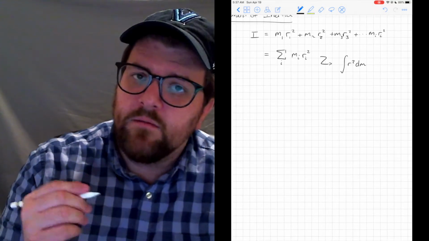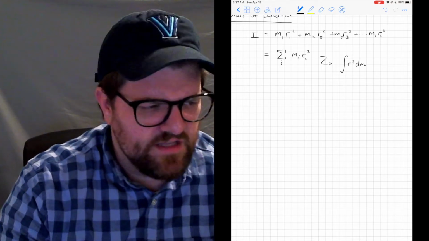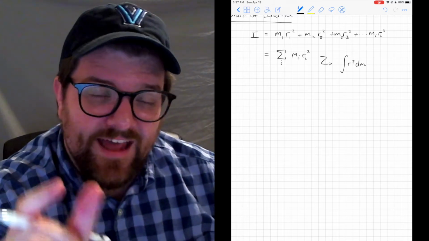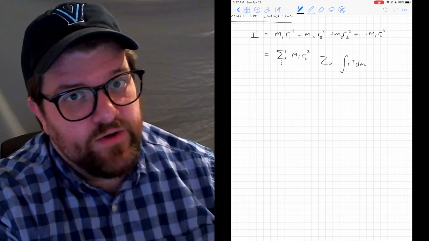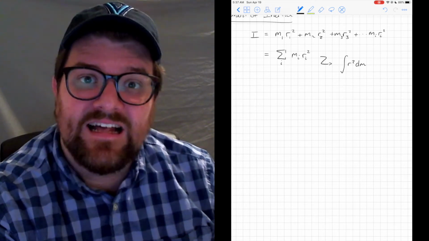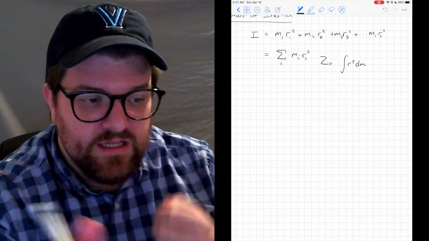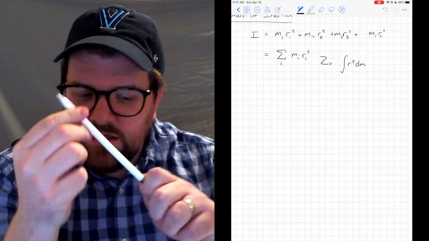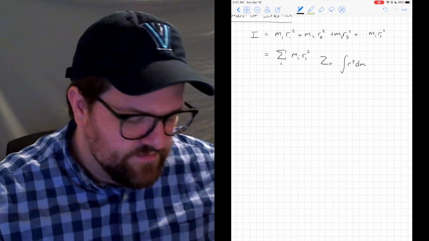So m is obviously the chunk, and r, I think I've said this, but I want to say it again: r is the distance from that chunk of mass to the pivot point. If there's no external, forced pivot point, it's going to be the center of mass. But if there is a forced pivot point, let's say with a door handle, that pivot point is right here, and my mass is going to be somewhere else.